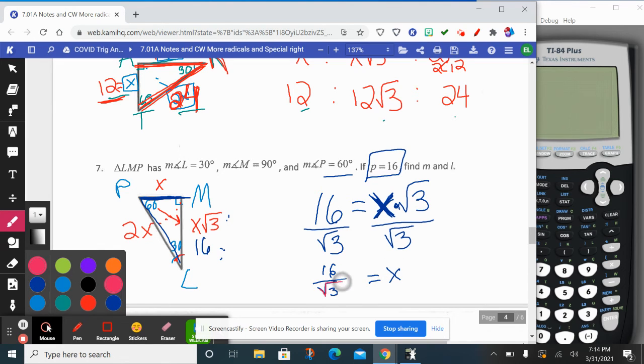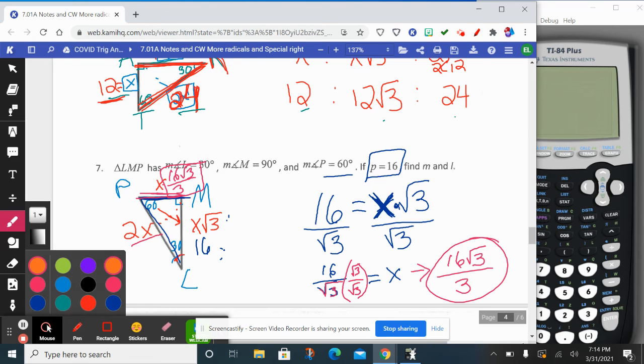We can't have a radical down in our denominator. That's what our last notes page told us. So we're going to multiply by radical 3 over radical 3. So x will really become 16 radical 3 in the numerator over 3. So the x value, meaning this side here, P to M, is going to be 16 radical 3 over 3.